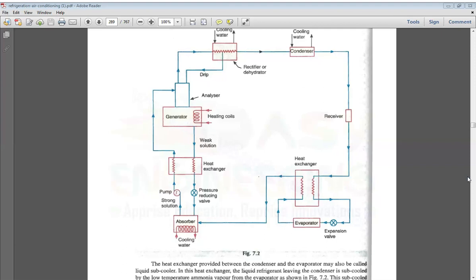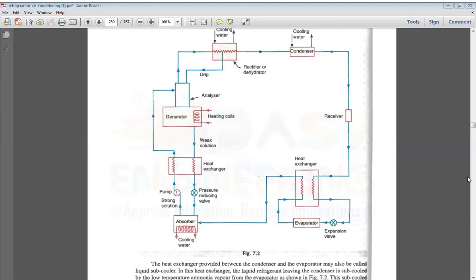It is one of the major advantages. The vapor refrigerant leaves at low pressure and low temperature conditions at very high heat values, and it enters into the absorber, and here the strong solution is formed.